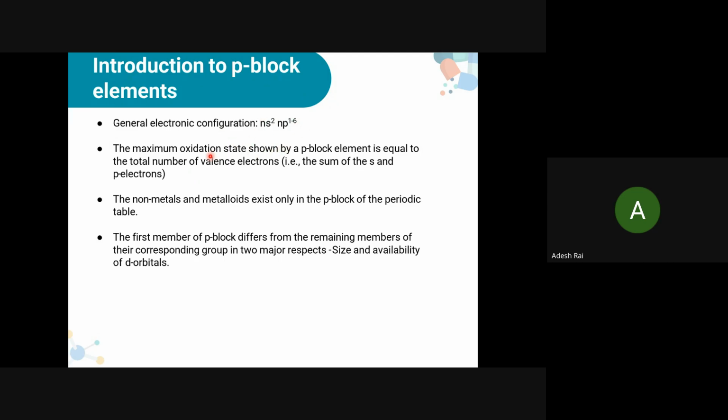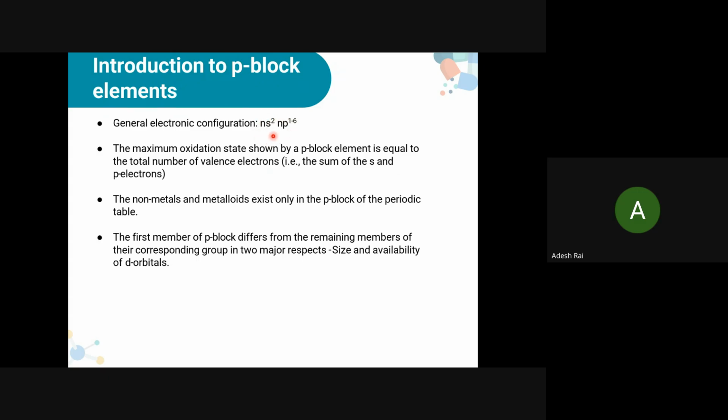Here it is changing. Now, how do you find the maximum oxidation state? To calculate any element's maximum oxidation state, what do we do? We remove its total valence electrons. So in this case also, the maximum oxidation state shown by a p block element is equal to the total number of valence electrons, that is, ns electrons and np electrons.